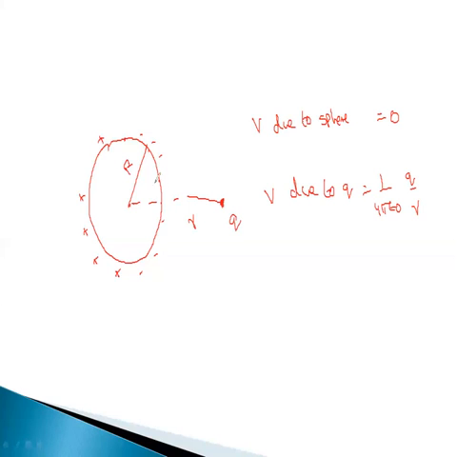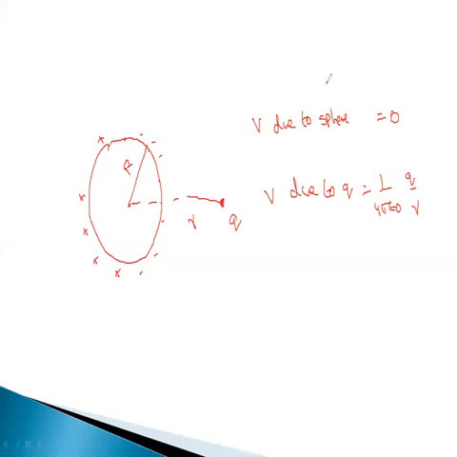See here, because of induced charge, what is the total induced charge? Potential is just a scalar, it is just the sum of the potentials due to individual charges, so finally the induced part's total potential will be 0 only. But because of this particular charge, if I consider the center as the reference, then the answer will be the general formula 1 by 4 pi epsilon naught q by r.